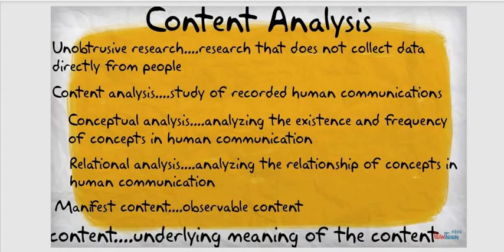In content analysis, there are two types of content. One is manifest content, which is observable content, present in dialogues, television shows, columns, and news stories.